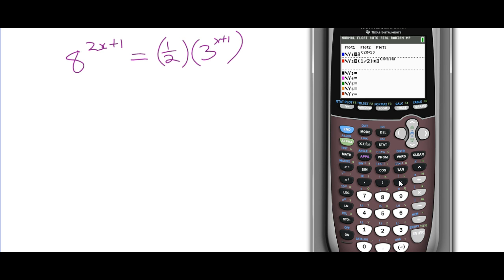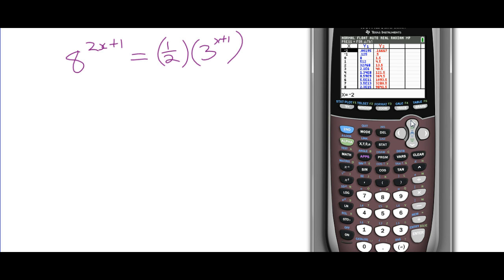All right, now, I want to get some idea. So let's go into the table and just sort of look and see when are they about equal to each other, right? Because that's what we want. We want y1 and y2 to be equal. So just to get an idea. All right, see, this is like huge numbers and that's small. So it's probably like a small negative number, right?